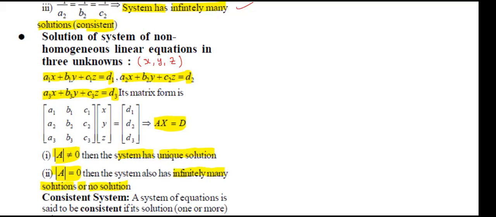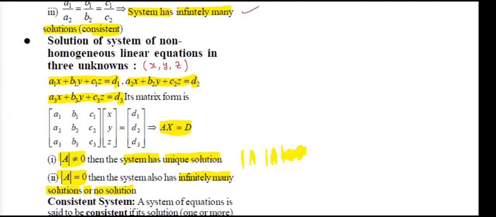If they ask whether the system of equations has a unique solution, at that time use that shortcut method of det A. Remember it: unique solution means det A not equal to 0.